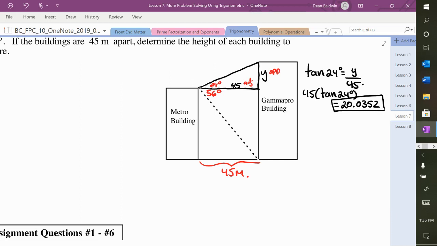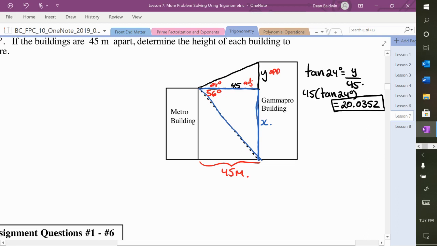Can I figure out the height of the Metro? Well, if I knew this bit here, I can figure out the height of the Gamma Pro, right? Do I have enough information to do that? Yes, because if you look at this triangle, that's 45.